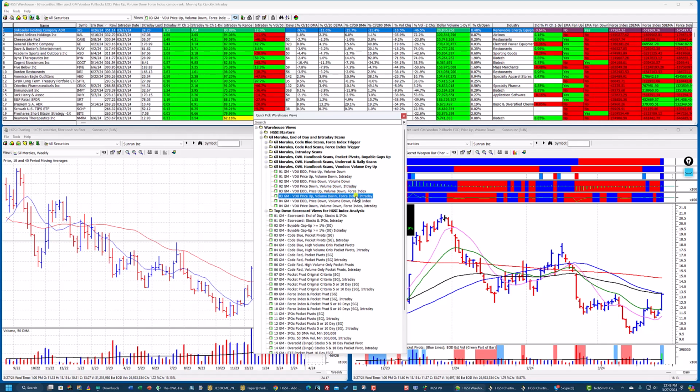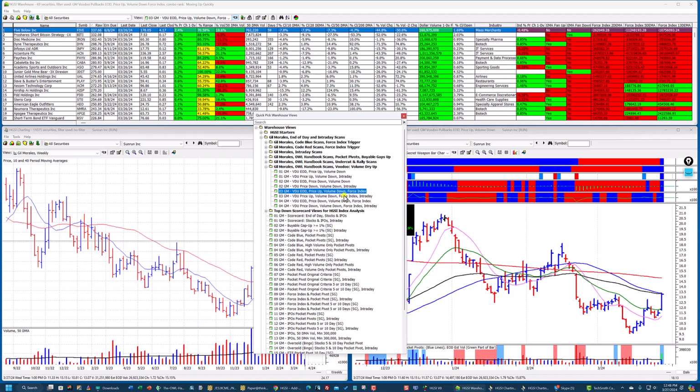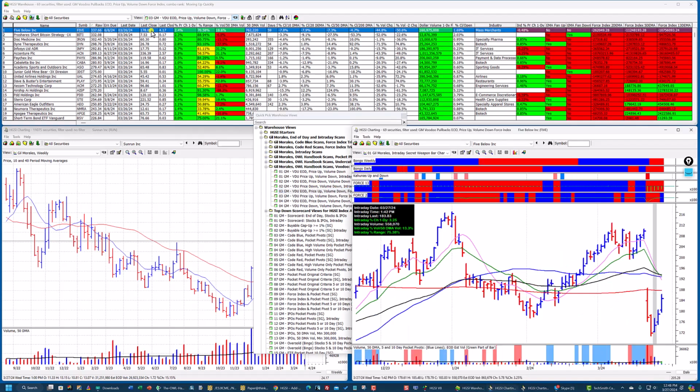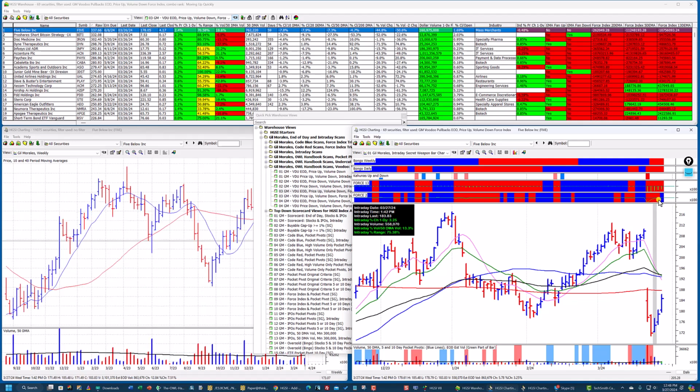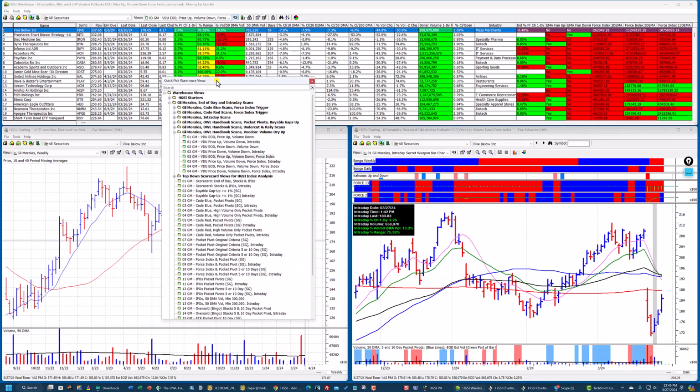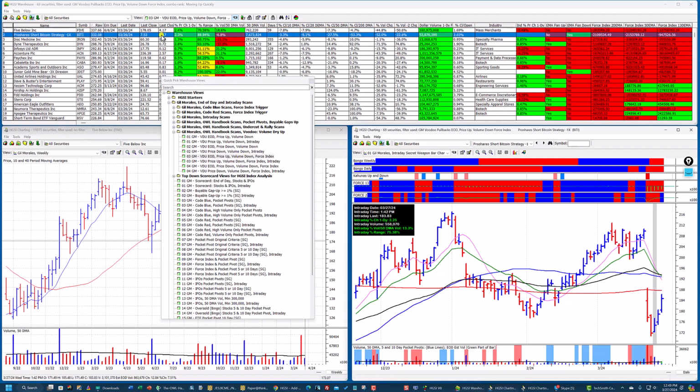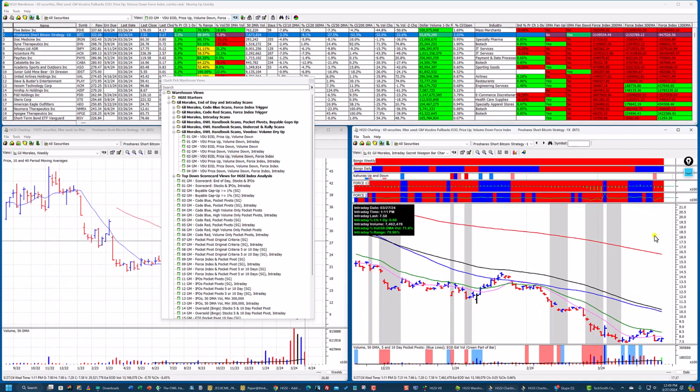Okay, number 3 is volume, price up, volume down, and the force index are these two, number 3. So what I did here is I had a negative force index also on the 2-day force. This is just something I came up with. Let's see if I can find one where it's still like right here.